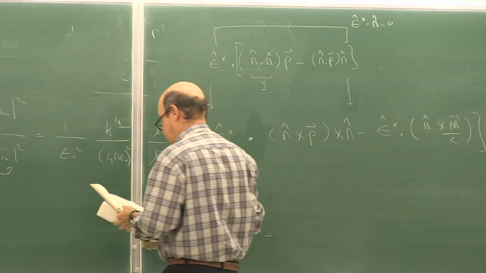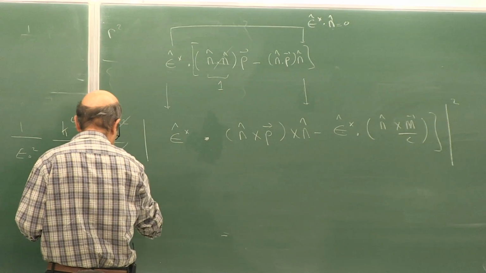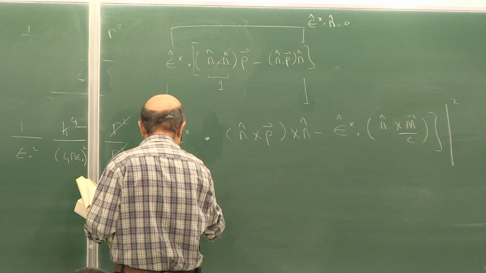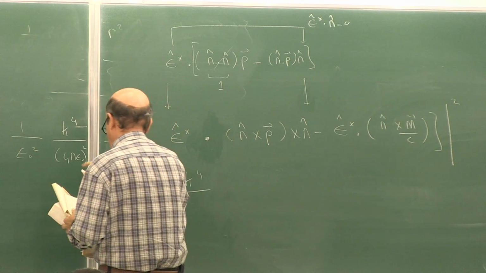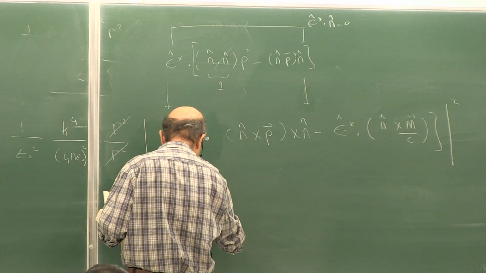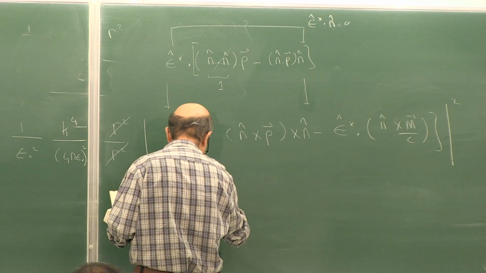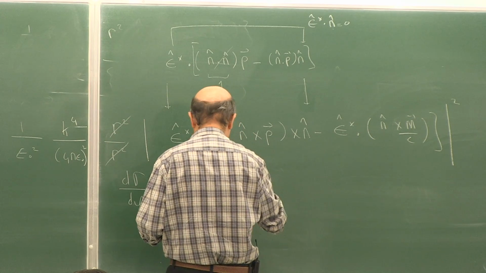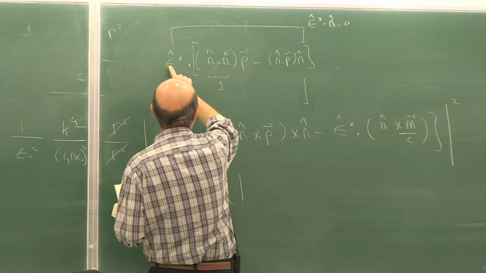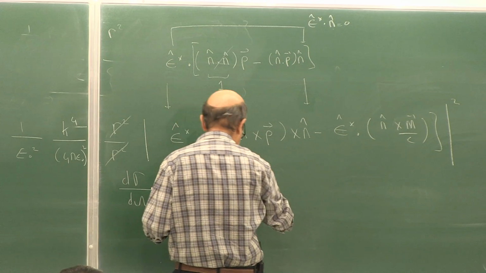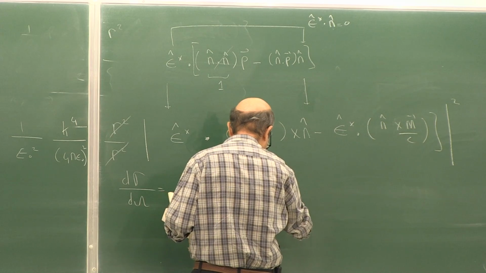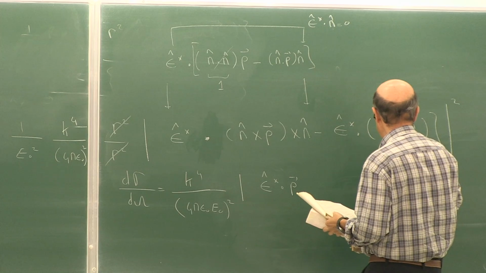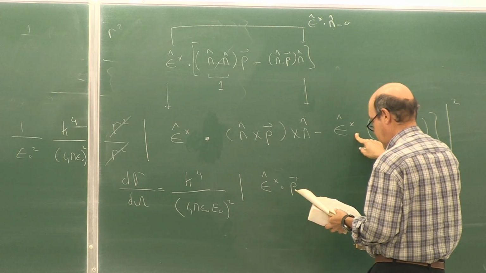So basically the scattering cross section per solid angle will be k to the 4 over 4 pi epsilon 0 E0 squared, epsilon complex conjugate dot p minus this term, but you can arrange this term as n cross epsilon complex conjugate dot m.